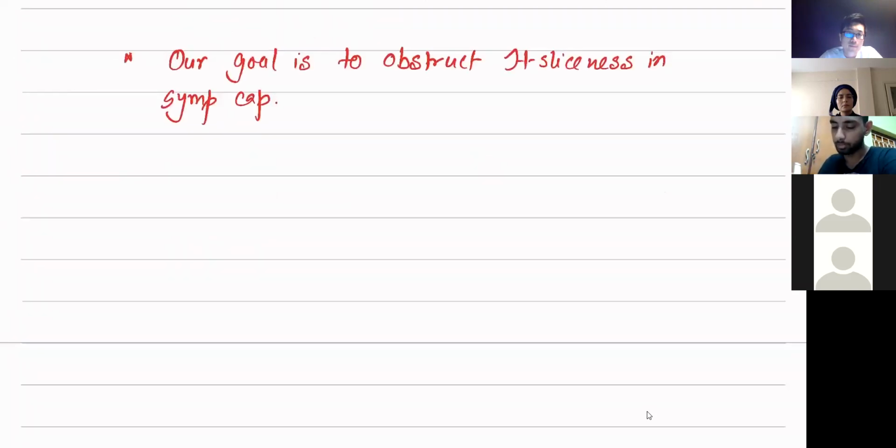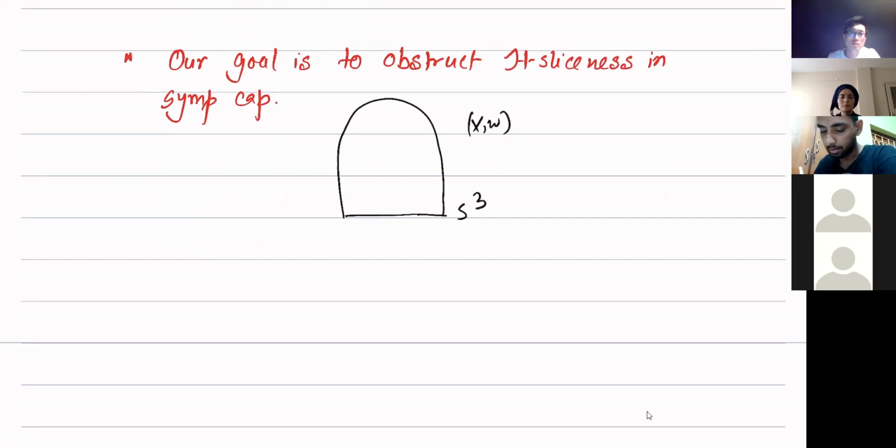What is the situation we have? Let's say this is a symplectic cap of S3, this is X, omega, and there is a knot lying here on the boundary, and we try to understand whether this knot bounds a disk or not.